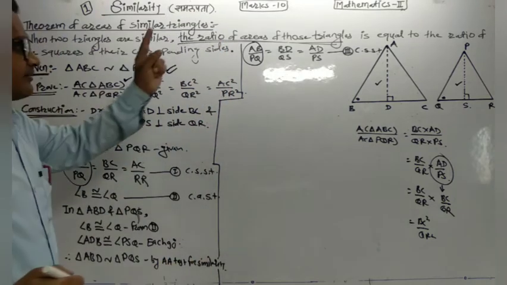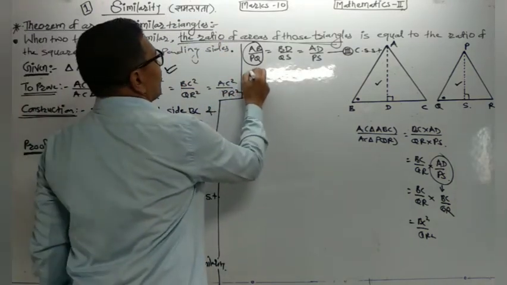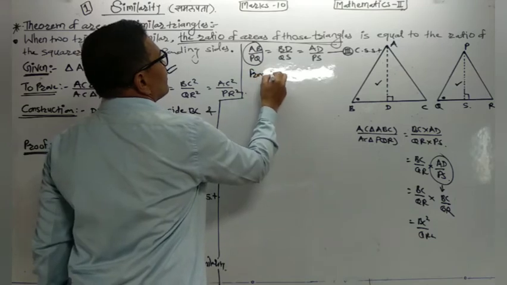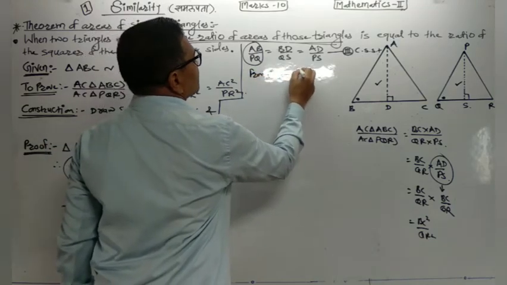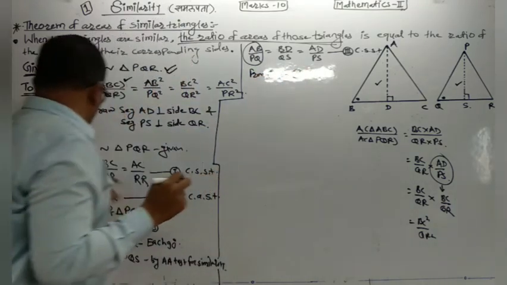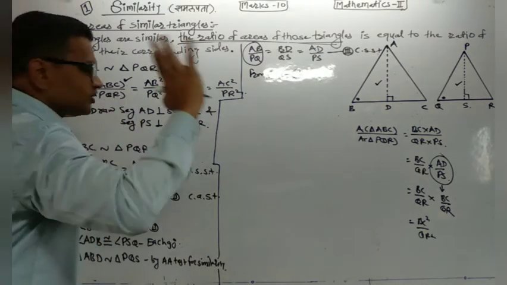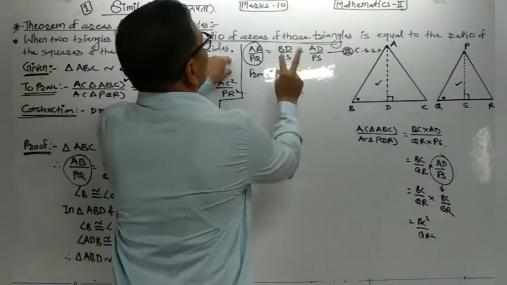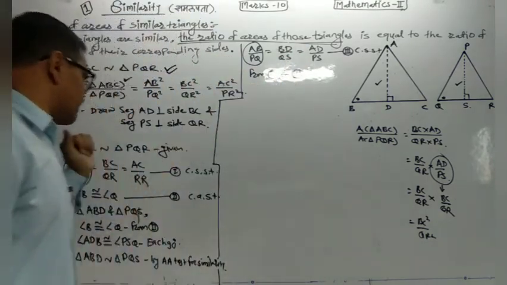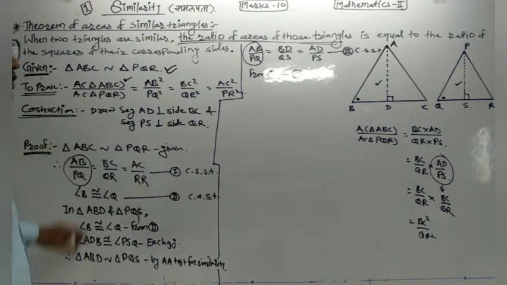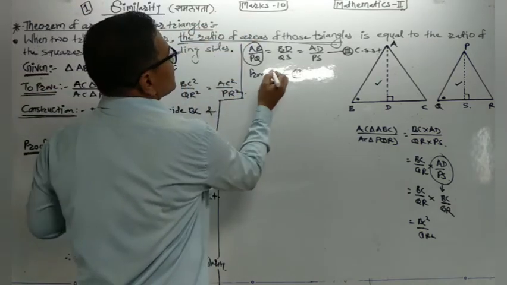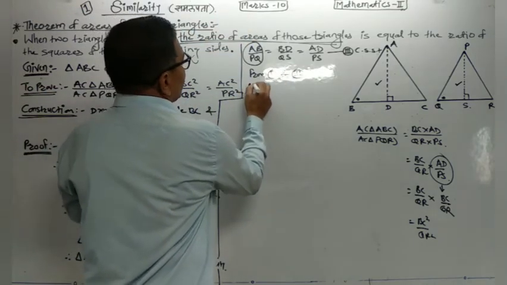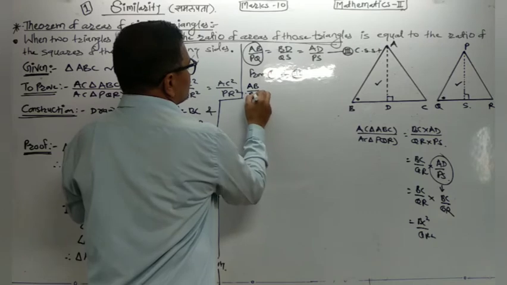From first and third, we say that AB by PQ is equal to 4 ratios. Here AB by PQ equals 2 ratios and here AB by PQ equals 2 ratios.